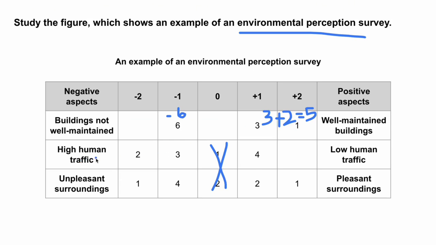Moving on, let's look at high human traffic. Again, I'm going to look at all the negative numbers. -2 times 2 gives me -4. 3 times -1 gives me -3. So -4 minus 3 gives me -7. Again, I'm going to plot it on the graph here.